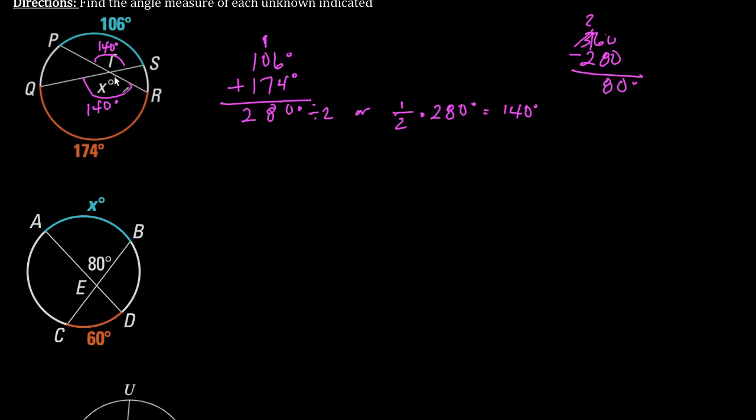So we took 360 and took away the 280 degrees here. We get 80, but the 80 is for this angle and this angle, so we need to divide it by 2 and get 40 degrees, because they're both equivalent. Obviously, we could check it by adding them all together. We get 360.